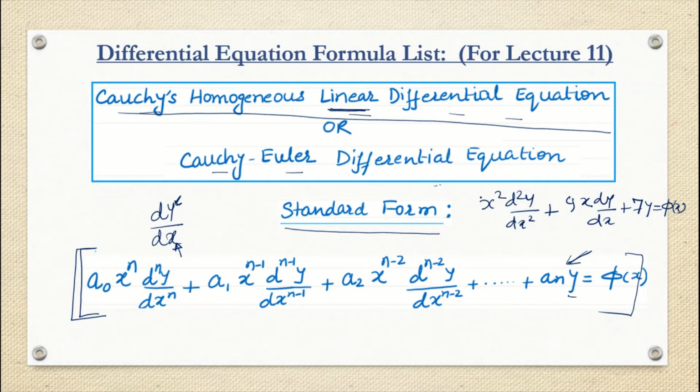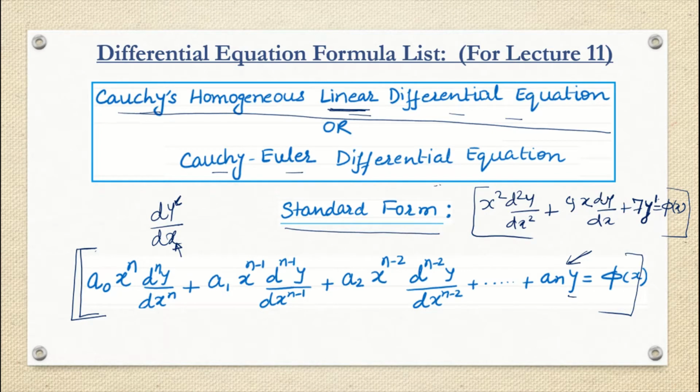Why is this linear in nature? A linear differential equation will have the power of the dependent variable as 1. Here y is the dependent variable, and the power of y is 1. Even the derivatives of the dependent variable have power 1.